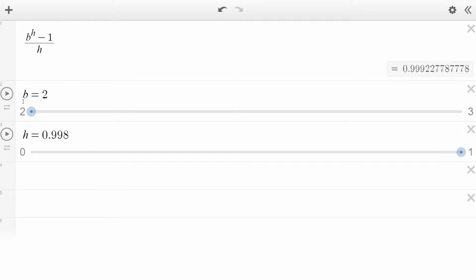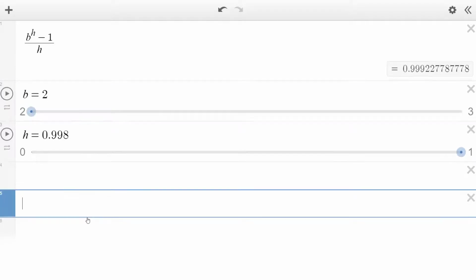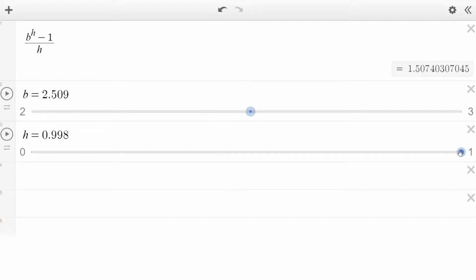It's not tending to 0, though, but it's not tending to 1. So let's change up what b is, the base of our exponential. I'll just adjust this. Let's go to 2.5. Okay, so I'm just increasing this to 2.5. That's good enough. All right. Now I'll go ahead and decrease h.